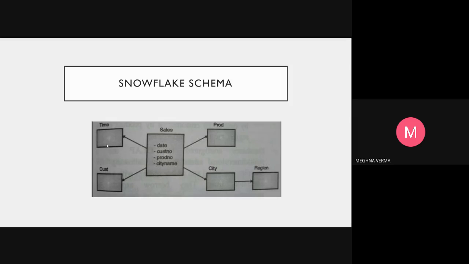So these are the dimension tables. For date we have time, for customer number we have customer, for product number we have product, and for city name we have city as the dimension table. Here we can see that the city is split up into another dimension table, that is region. So here we have multiple dimension tables.